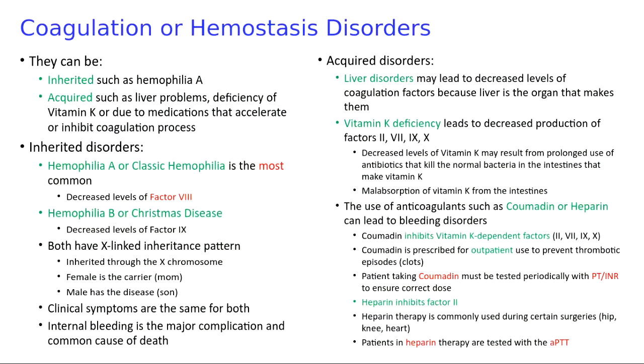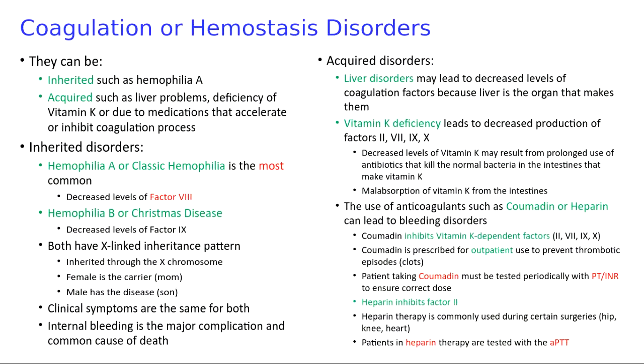And unfortunately, we can have inherited disorders and end up with deficiencies or malfunctions of every single one of those coagulation factors. There can be inherited mutations that can lead to a malfunction of factor 5, or a dysfunction of factor 10, or a problem with factor 1. But that goes back to genetics.